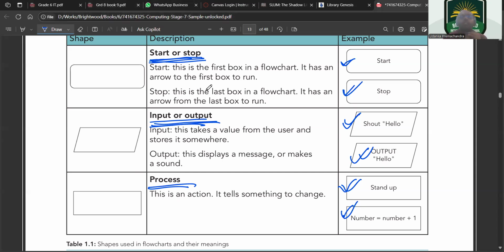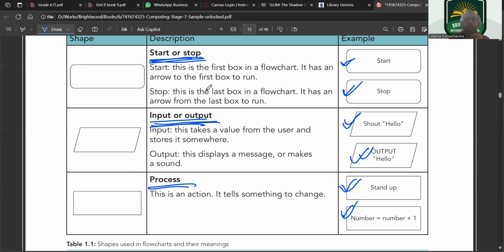So you can identify them in the flow chart. This is the starting process, this is the ending process, so they have rounded corner rectangles. This shape is a rhombus; you can think of it as data input or data output.